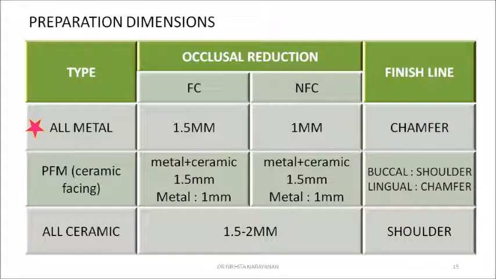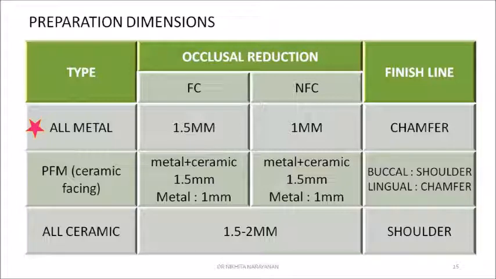These are the different reductions required for a preparation based on the type of restorative material. For an all metal restoration, the reduction will be 1.5 mm for the functional cusp and 1 mm for the non-functional cusp. For a PFM restoration, here we are discussing a ceramic facing restoration, the ceramic facing is given only on the buccal surface.